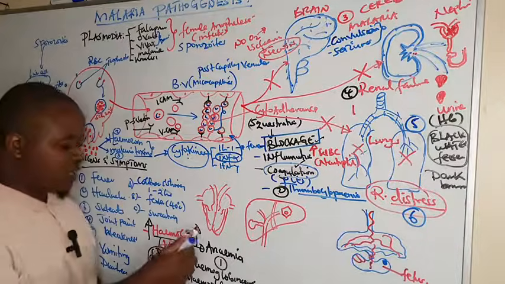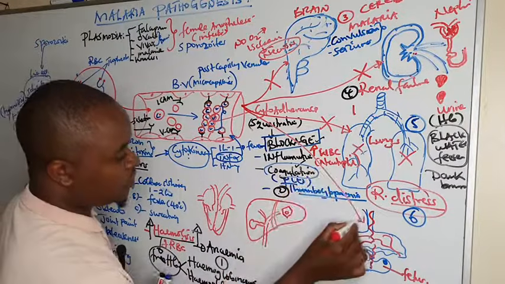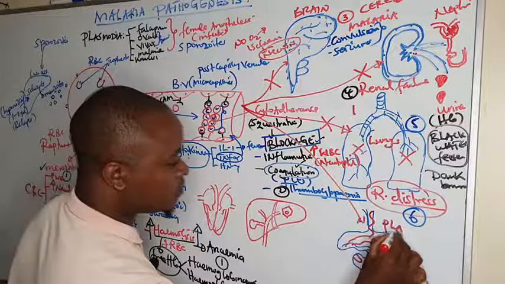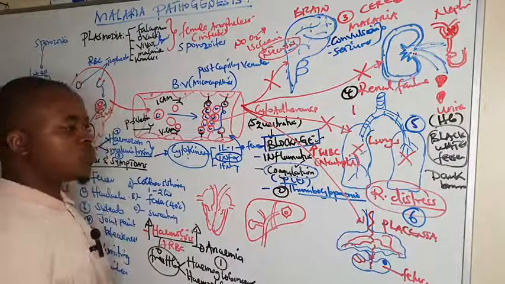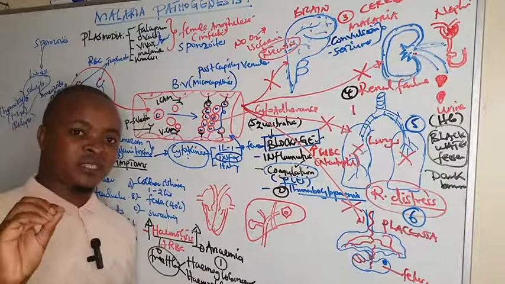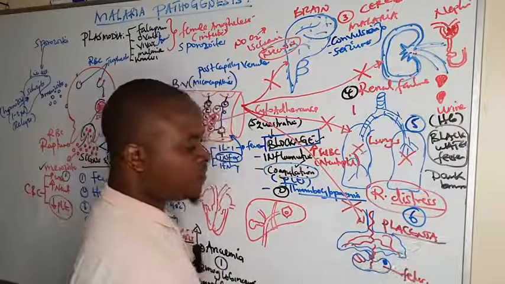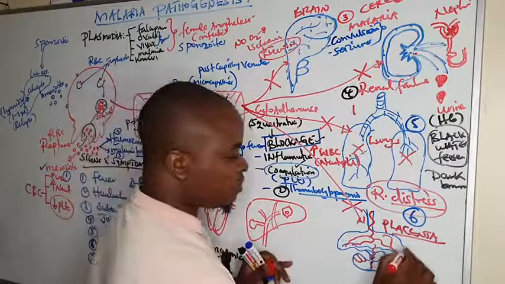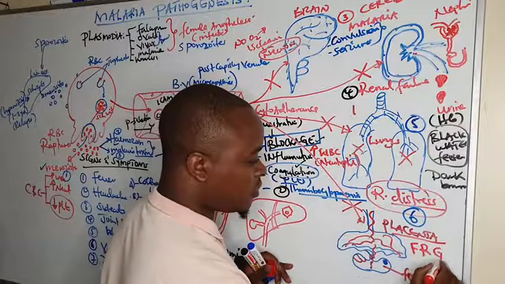Then what if the supply is to the placenta? We have here the placenta. This is a pregnant mother. When there is a blockage of the blood supply to the capillaries within the placenta, it is going to result in hypoxia. Hypoxia can lead to what we call fetal growth restriction.